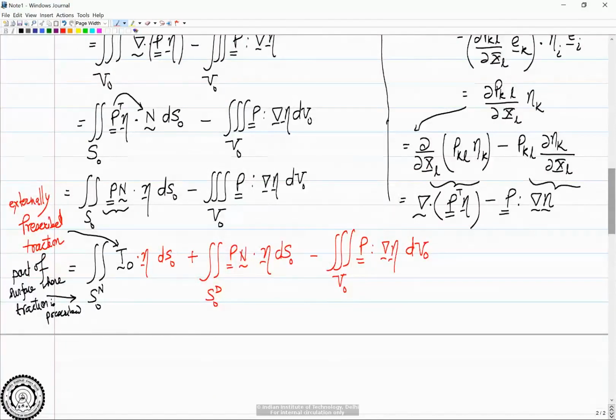The support is going to apply some reaction on the body. So that means this part is not 0. This is not 0 due to reaction from the surface or from the support.